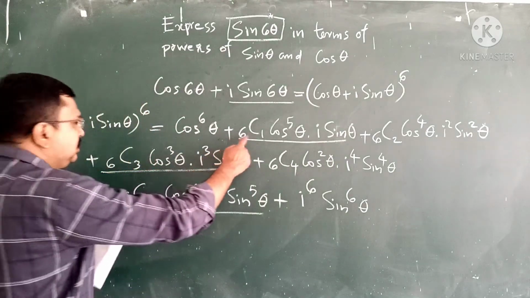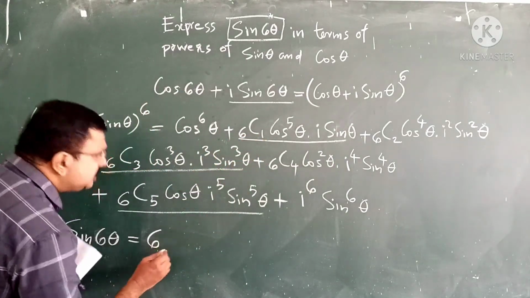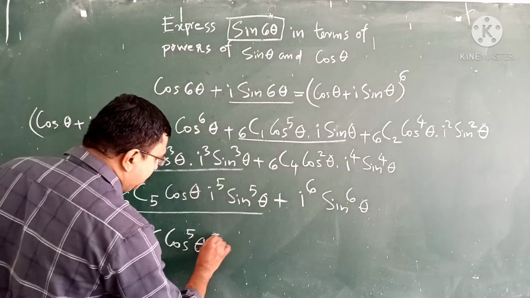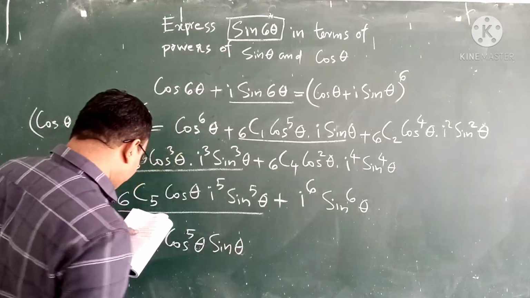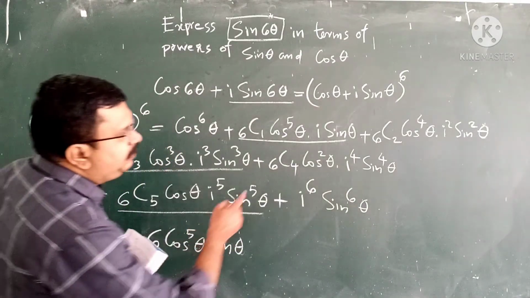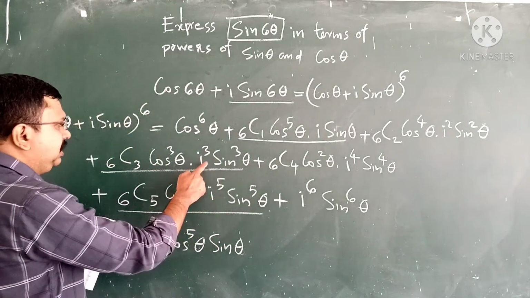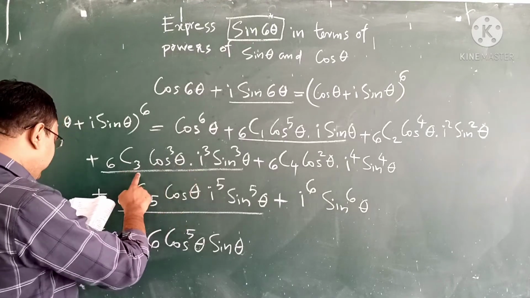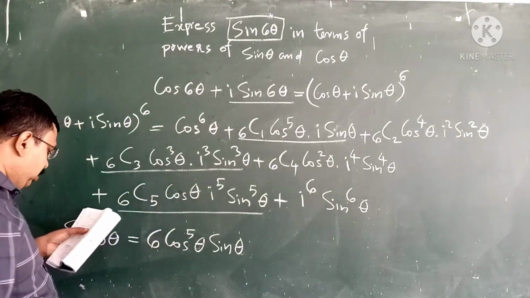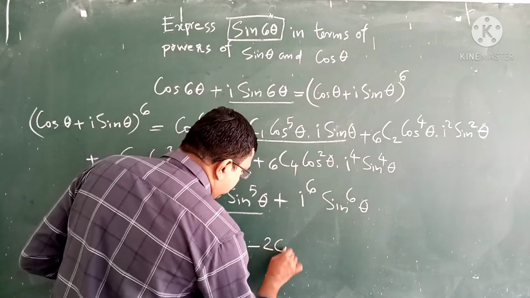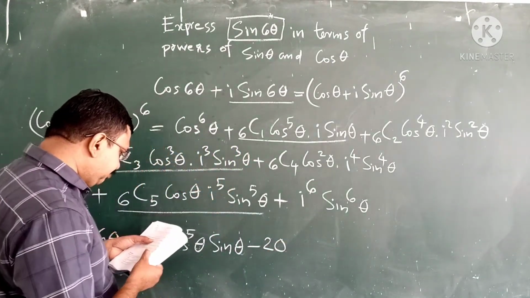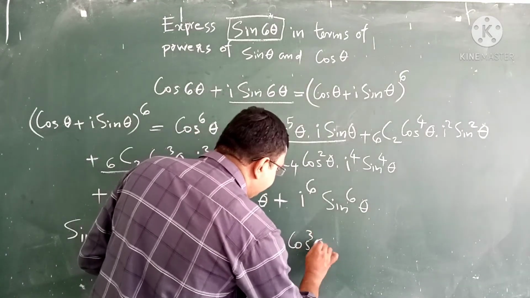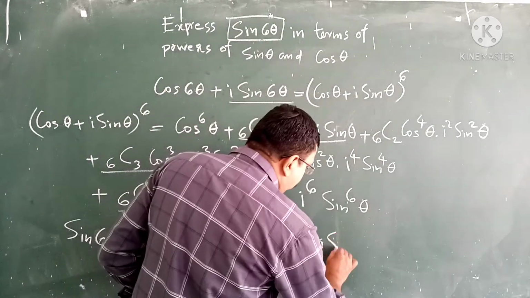That is equal to 6 cos raised to 5 theta sin theta. Next, the second term: what is i cube? It gives minus 6C3, which is minus 20, into cos cube theta into sin cube theta.